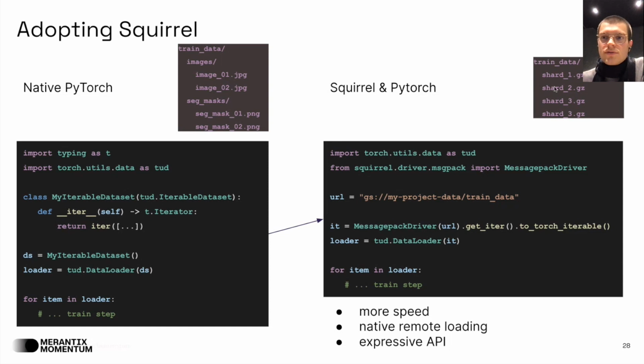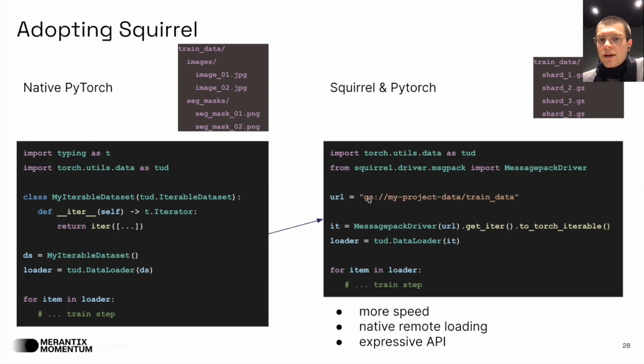In each of these shards that end with a GZ file name, there would be, for example, 100 or 1,000 images and image label pairs. Everything is nicely packaged up together. Then you have some URL where this data lies, for example, on your cloud bucket. GS stands for Google Storage.